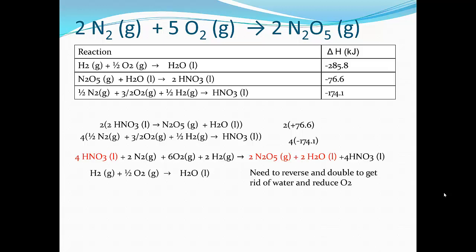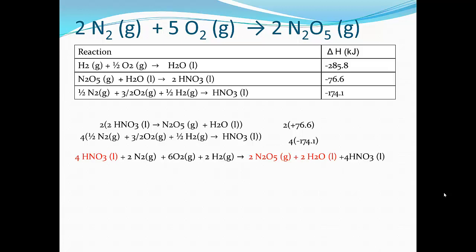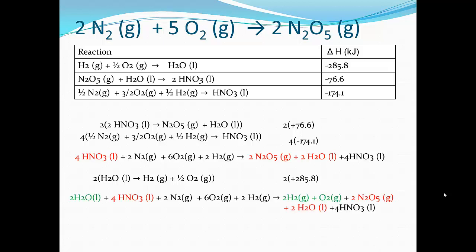This will allow me to get rid of the water and the hydrogen and reduce the oxygen. When I do that, I'm also going to need to do that to my delta H. Now I'm going to put everything into one big reaction. I've multiplied everything through and everything is all set. My last reaction is now in green.